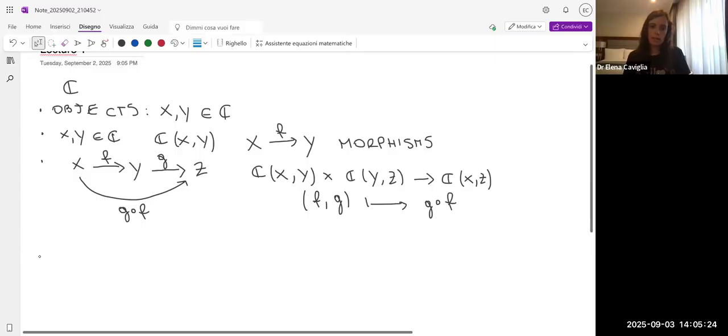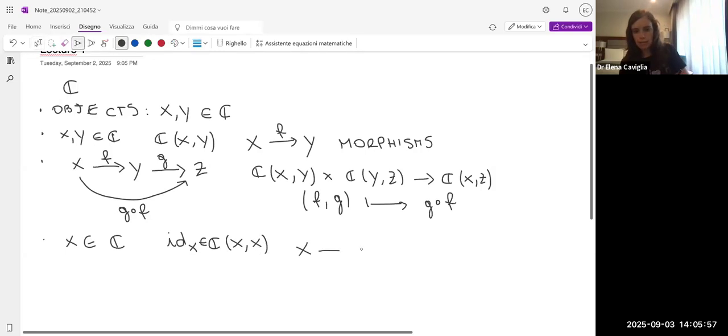And then we have some axioms that this data needs to satisfy. The first thing is that for every object X in C, we must have a very special morphism that we call the identity of X. It's a special morphism in C(X,X), so it's just a morphism from X into itself.